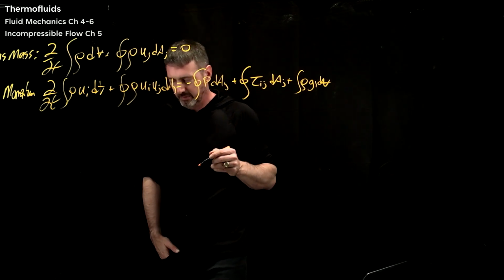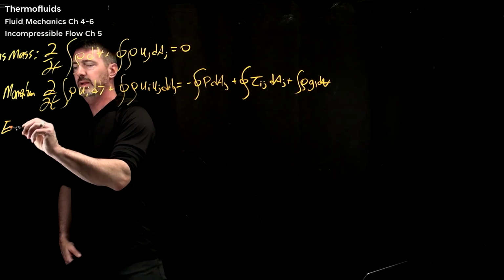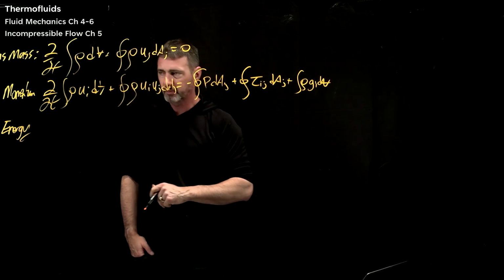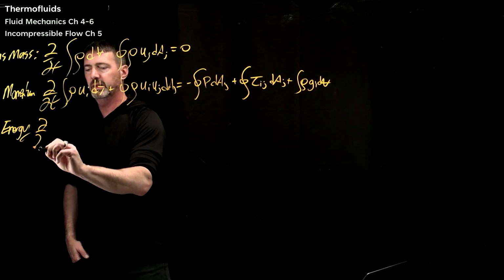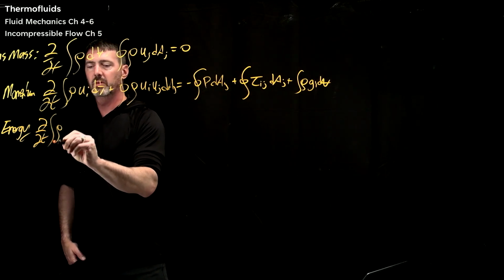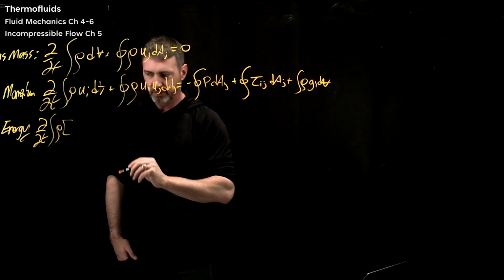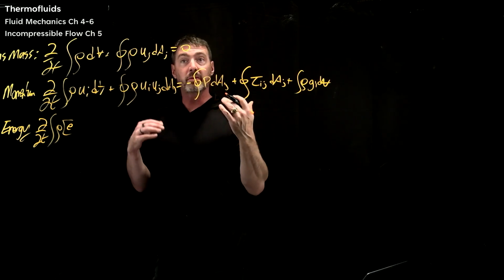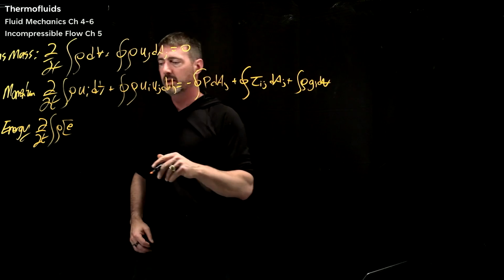Okay, and then we have energy, which we looked at in the thermodynamics section. That's the time rate of change of rho, and I'm going to use little e to represent internal energy. I know a lot of times we use U, but I try to reserve U for fluid velocity.